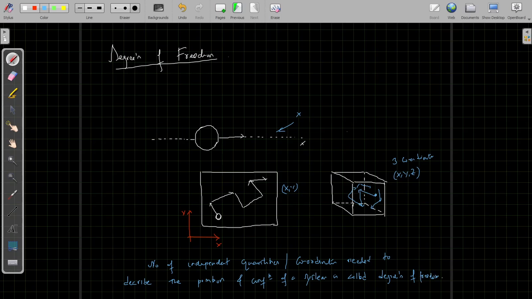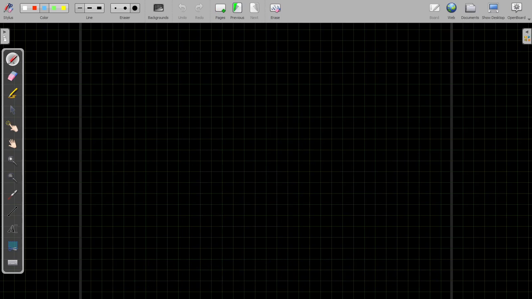Let's see some degrees of freedom. So how would you do it? Let's say we consider a 2 particle system. Let us not join them first.